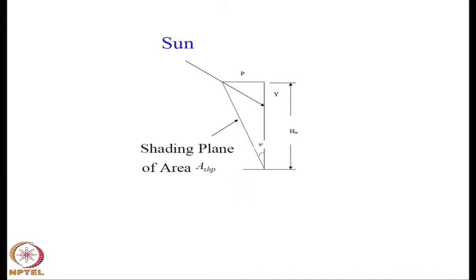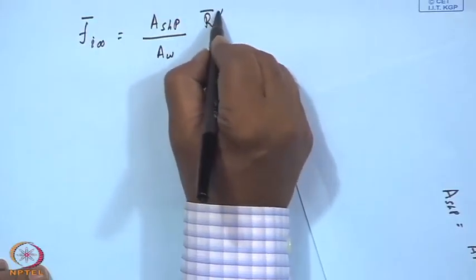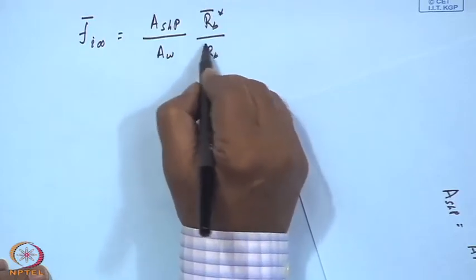Total height of the window is H_W, and the angle subtended between the projection and the base of the window is the shading plane, or the area is A_SHP, which can be given in terms of the geometry P and H_W. So, you can write it as A shading plane by A_W, R_B bar star upon R_B bar.